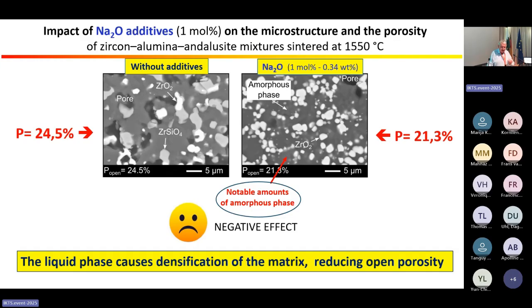We observe that we have a decrease of the porosity, but we have a really negative effect with a notable amount of amorphous phase. The liquid phase causes densification of the matrix and reduces the open porosity.